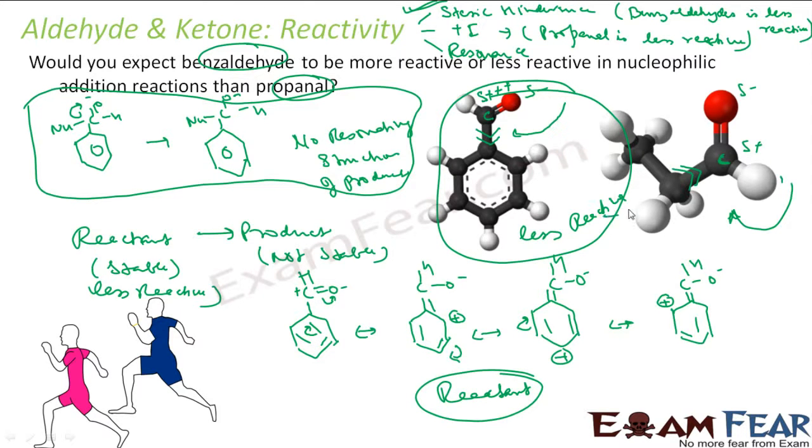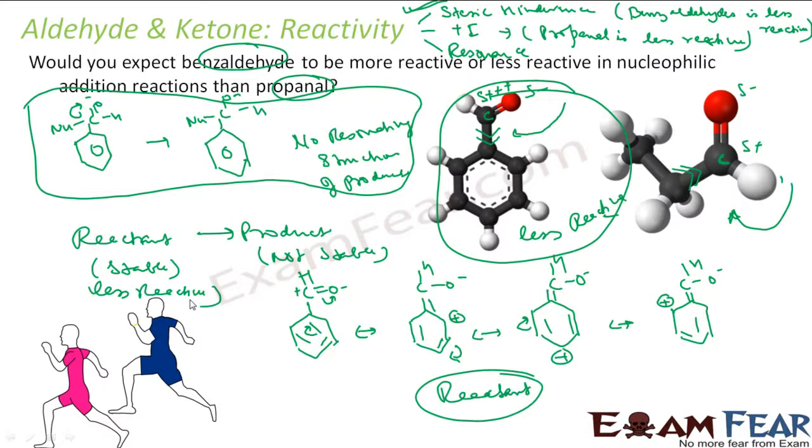Hope you understood what I'm trying to say. We were confused. Steric hindrance says benzaldehyde is less reactive. The plus I effect says benzaldehyde is more reactive. Correct. Then we saw the resonance. We saw that for the product, we are not able to draw any resonating structure. We assumed that the reaction happened by nucleophile attack. But for the reactant, we were able to draw resonating structures. We concluded that the reactant is more stable than the product.